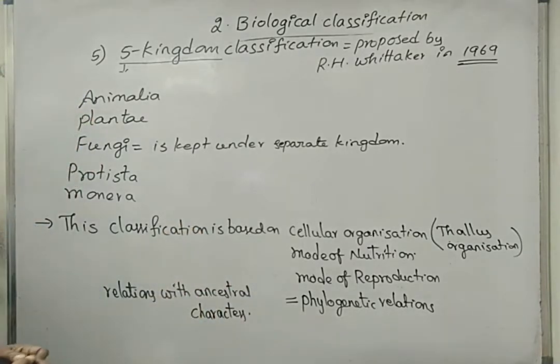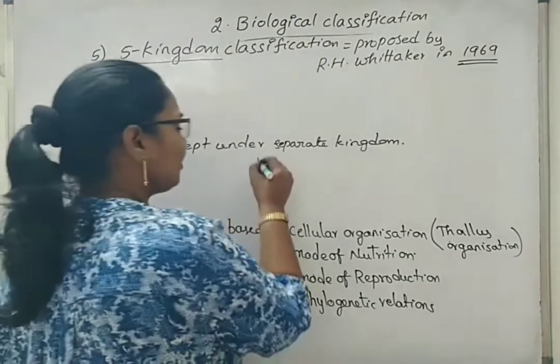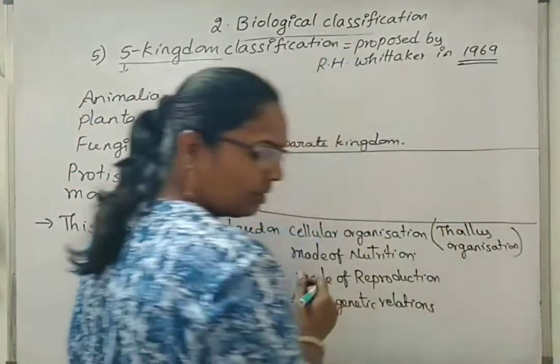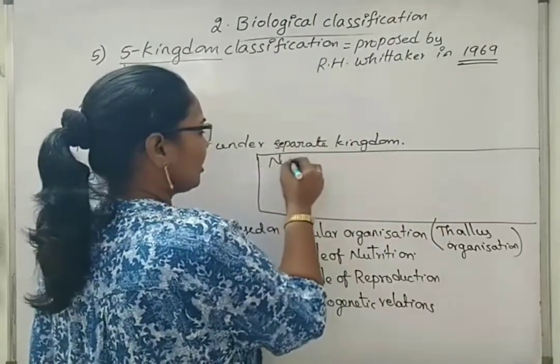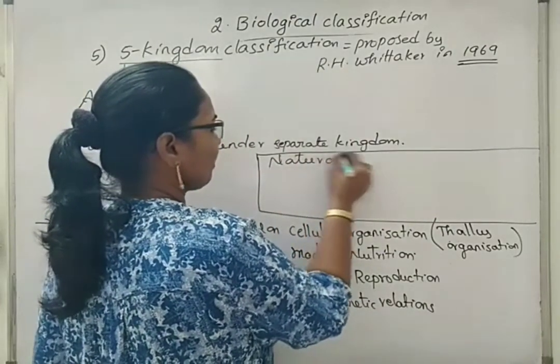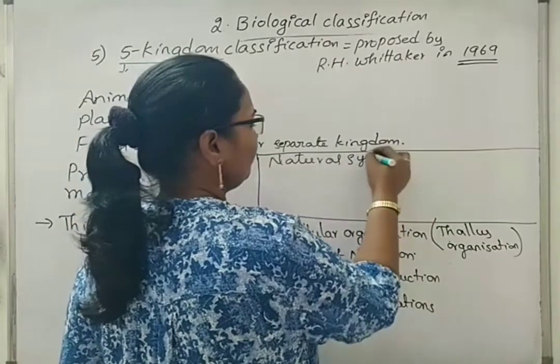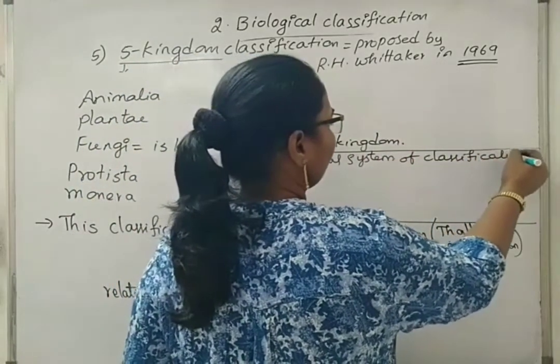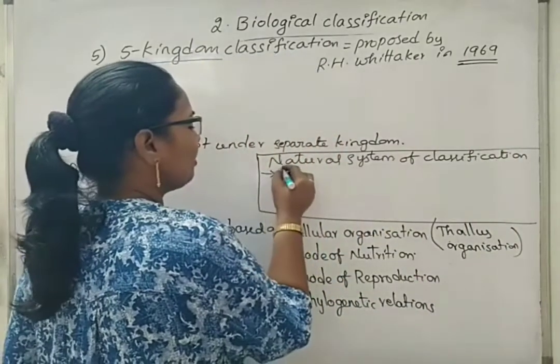So these are five different types of classifications given by Carolus Linnaeus, Ernest Haeckel, Copeland and R.H. Whittaker. There is another type of classification called the natural system of classification. This is proposed by Bentham and Hooker.